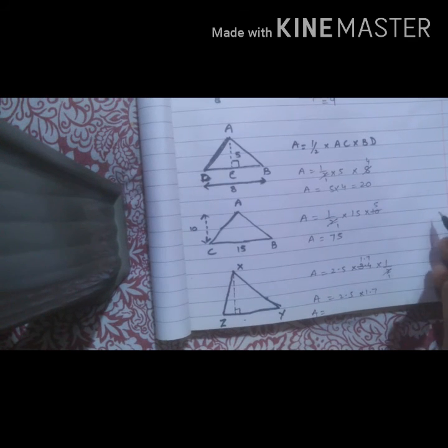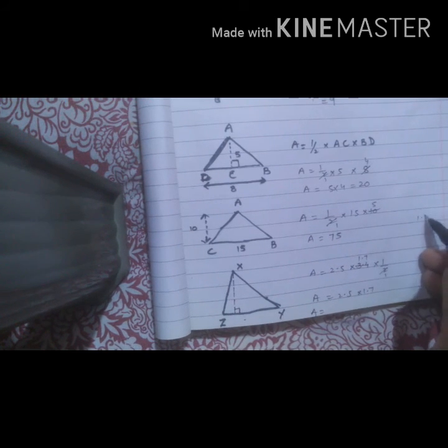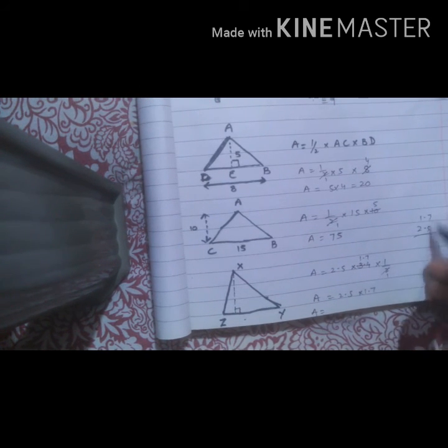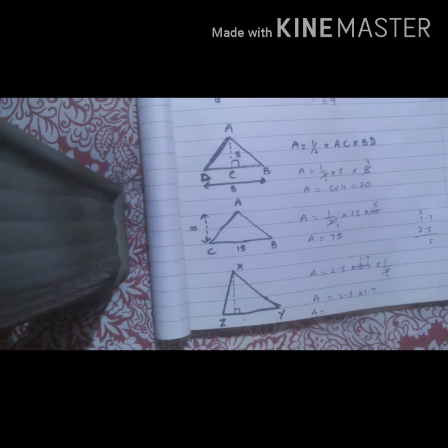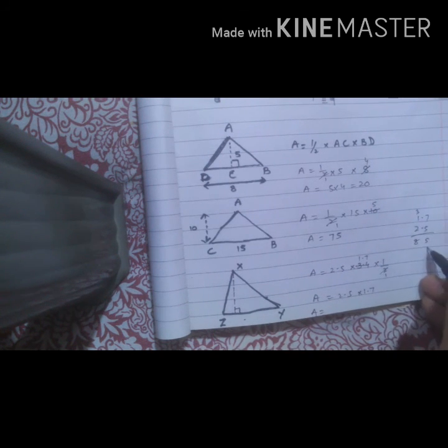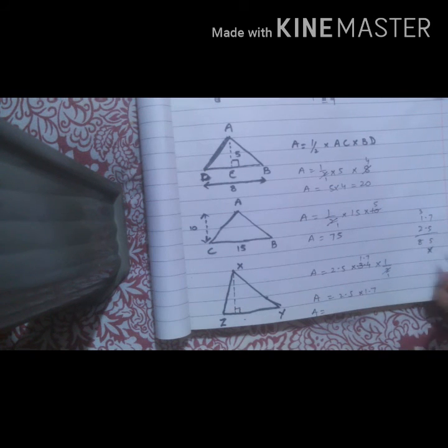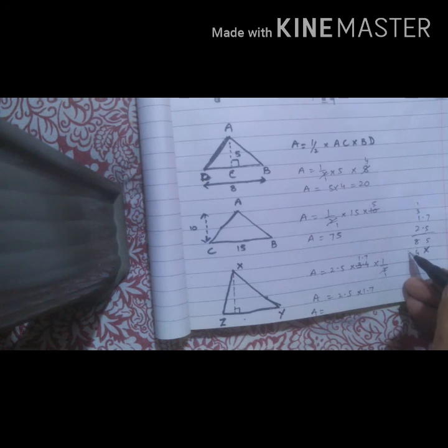I'm multiplying 1.7 and 2.5 over here. 5 sevens are 35. 3 will be carried. 5 ones are 5 and 3, 8. Since no units will come, we are keeping a cross over here. 2 sevens are 14. 2 ones are 2 plus 1, 3.